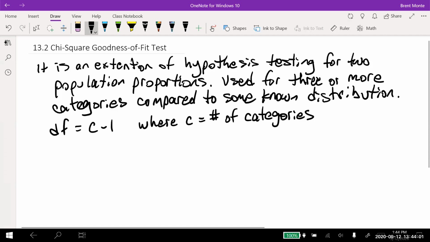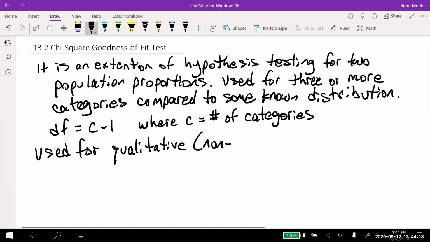Remember, that's used for qualitative data, not quantitative data. So this is typically non-numeric data. Remember, qualitative just means not numbers.